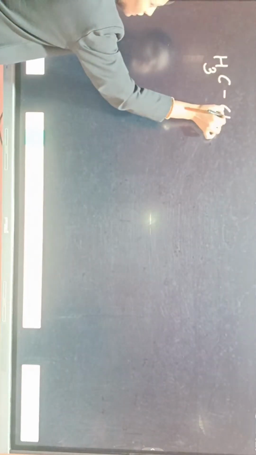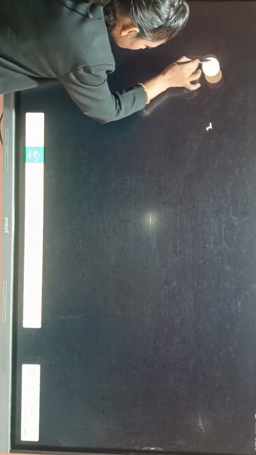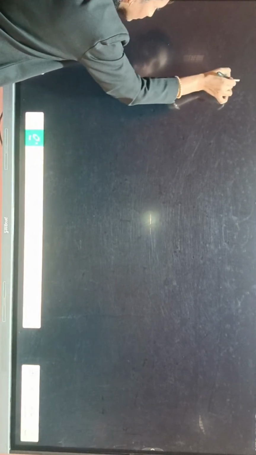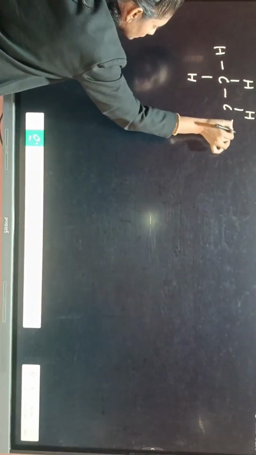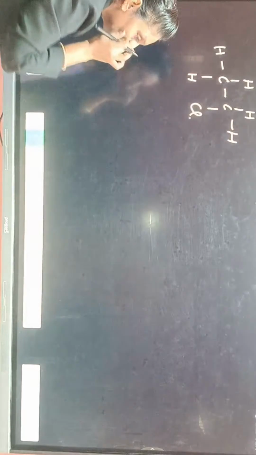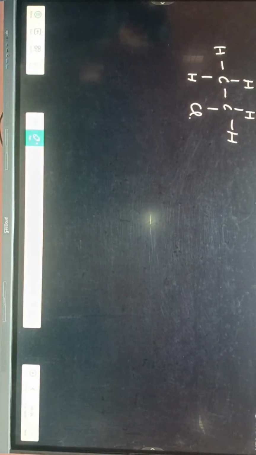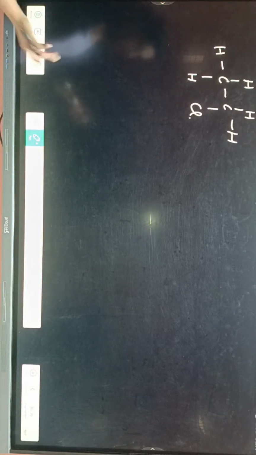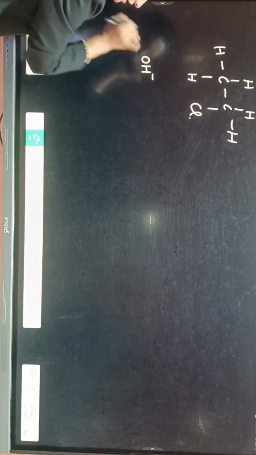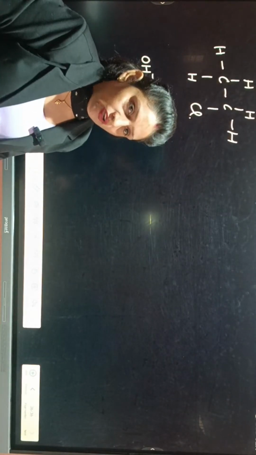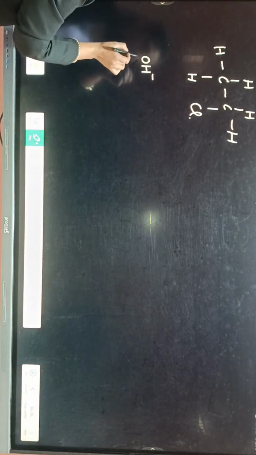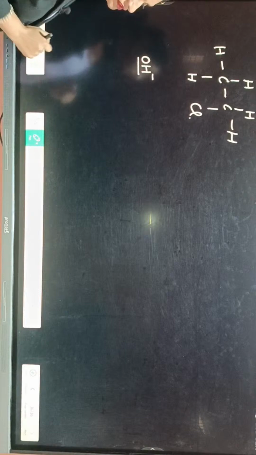Actually, what will happen? Try to understand. We have CH3CH2Cl; you can write the open structure. You are doing the reaction in the presence of alcoholic KOH. Alcoholic KOH means KOH can release OH negative ions, which need some electrons.